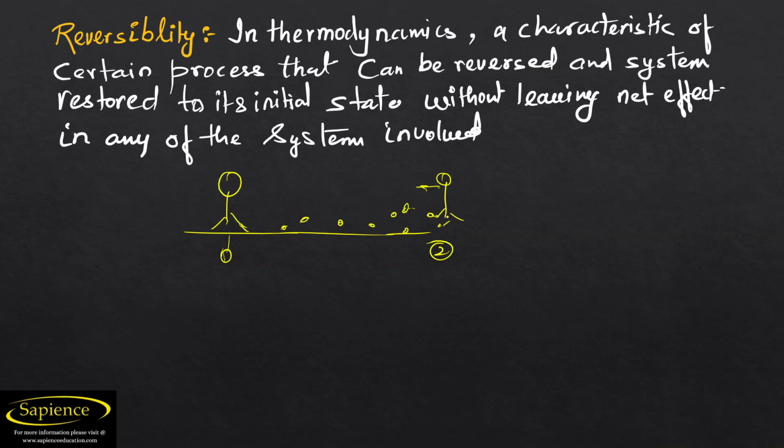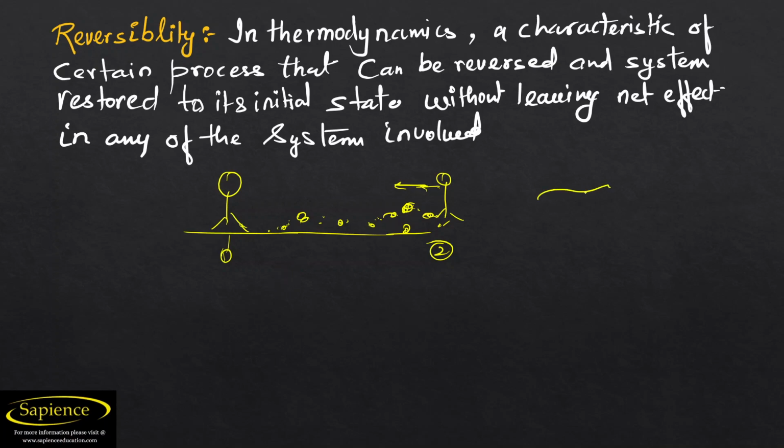There may be a mistake, one of his feet may land somewhere else. It is not possible every time to use the same footprints. But if he does use the same footprints, this type of process is known as a reversible process.